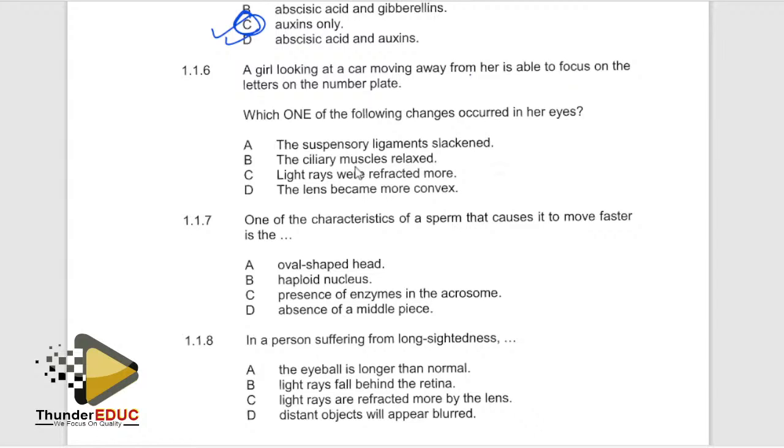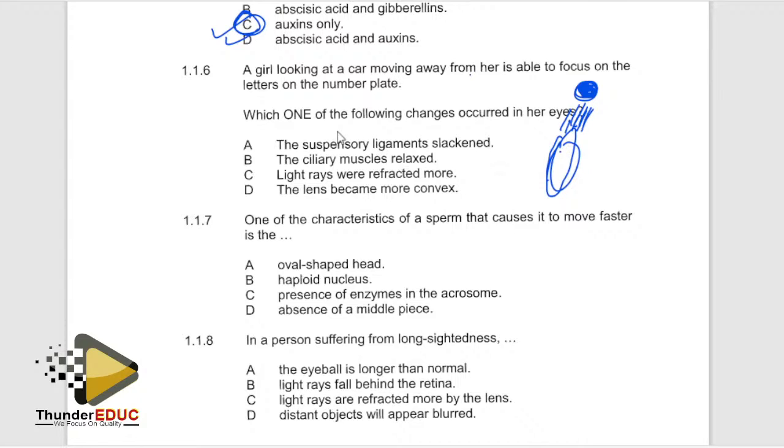In this case, remember, for a far object, the lens is supposed to be small. Definitely, the suspensory ligaments become taut, and the ciliary muscles or ciliary body relax. The tension on the lens decreases, the lens becomes less convex.